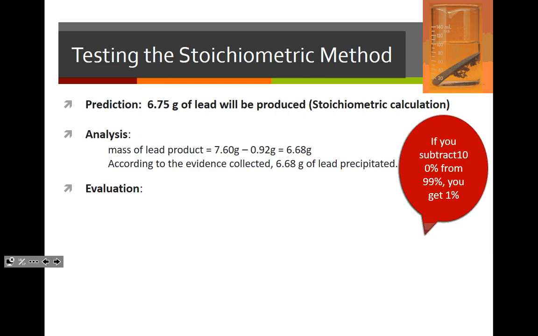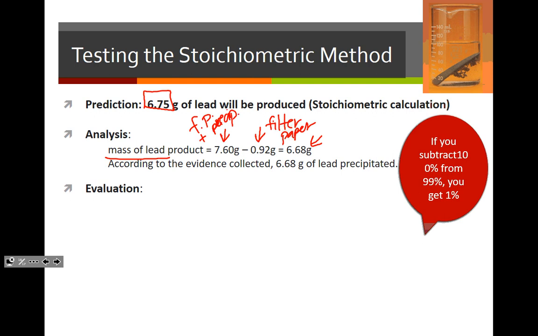So let's take a look at it from a different way. Prediction: 6.7 grams of lead should actually be produced. Here's my data. I have my mass of lead product, and I got that from subtracting the filter paper from the filter paper plus precipitate.